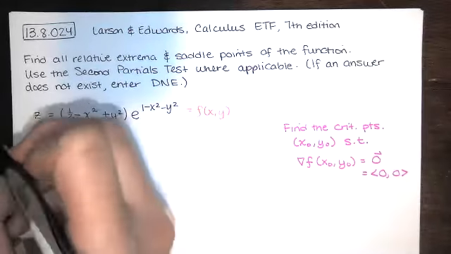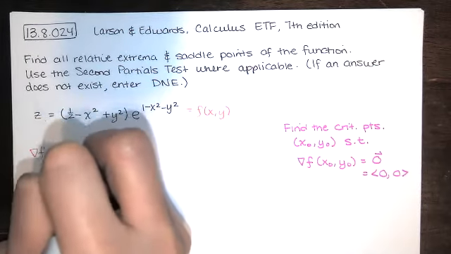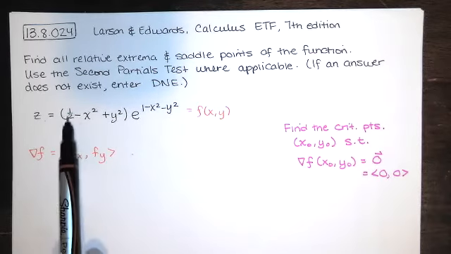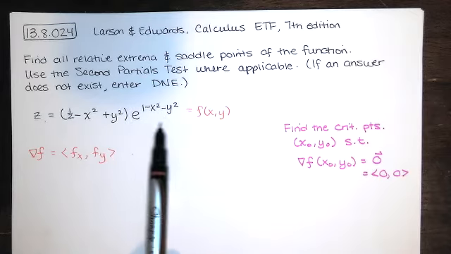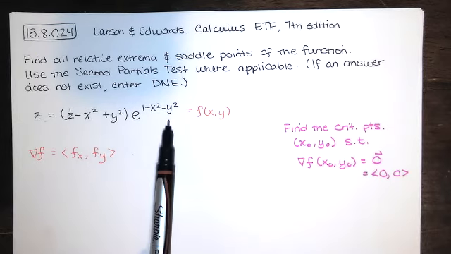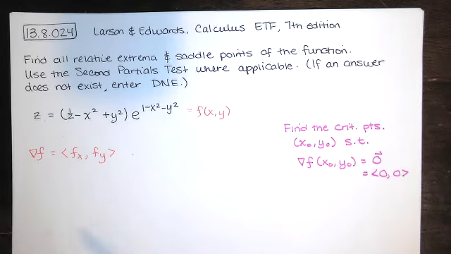Given that label, the gradient is that vector, and we just need to compute a couple of partial derivatives. All right, so this is a function of x and y, and this is a function of x and y. So when I compute the partial of this with respect to x, I'm going to have to use the product rule. So I've got a function of x over here times a function of x over there.